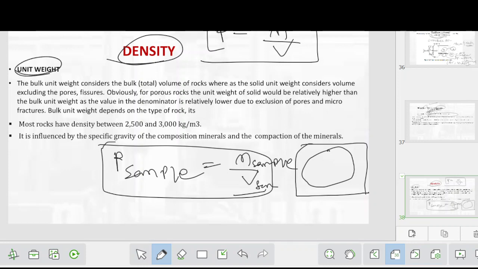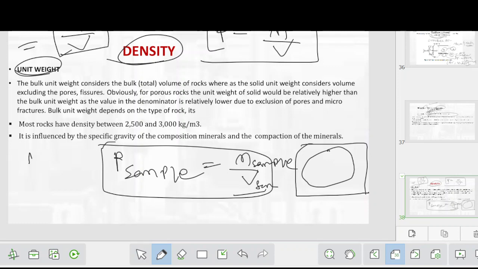What is the meaning of unit weight? No, unit means what is the weight for unit volume, right? Weight per volume.